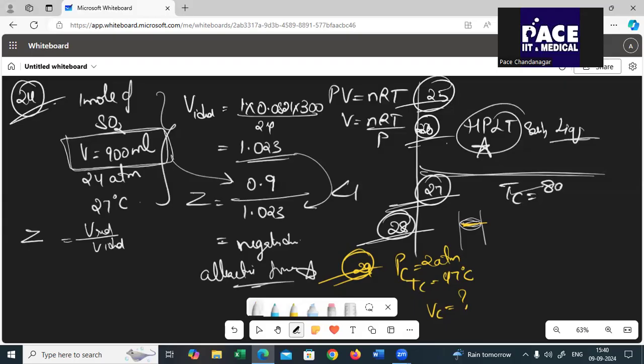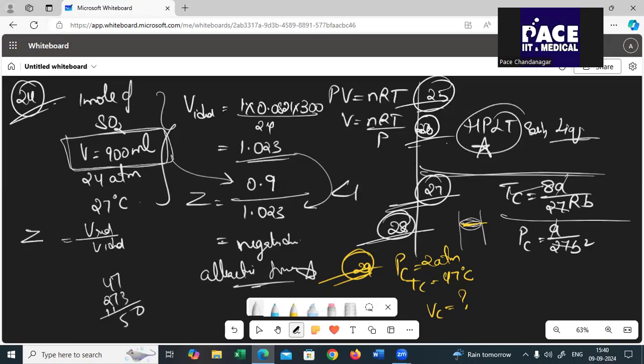TC is equal to 8A by 27RB, and PC is equal to A by 27B square. I'm just trying to divide these two. 27 gets cut, A and A get cut. So TC by PC. TC is 47 degrees Celsius, please convert that: 47 plus 273.